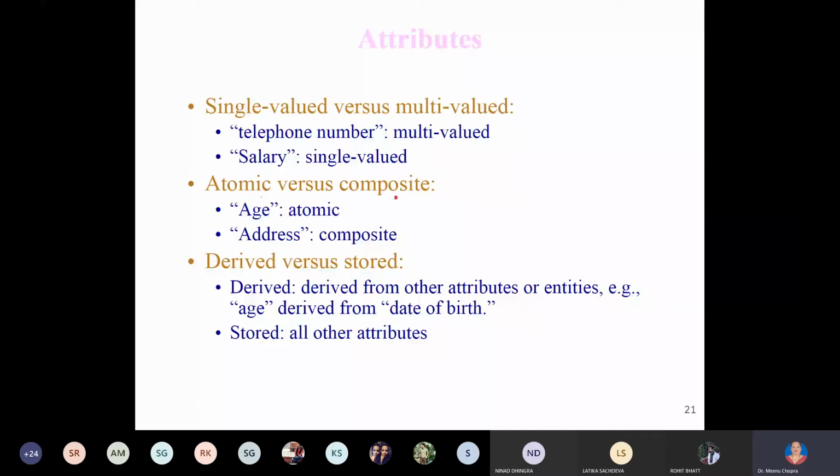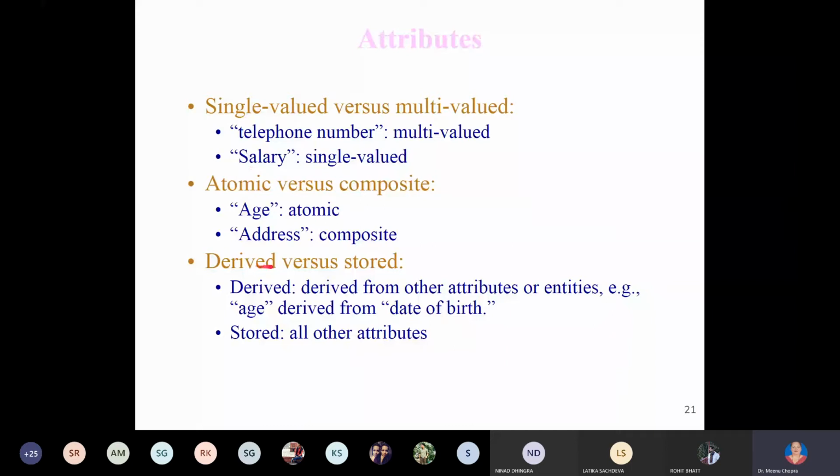Atomic means your age has one single value; it cannot be further divided. Whereas your address can be composite. So age is an atomic attribute and address is a composite attribute. Similarly, telephone number is a multi-valued attribute whereas salary is a single valued attribute.